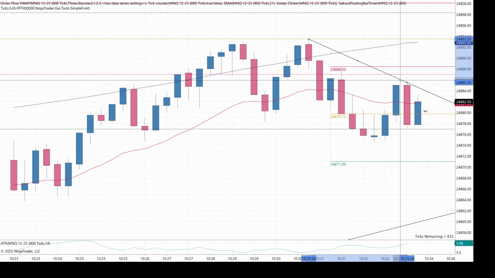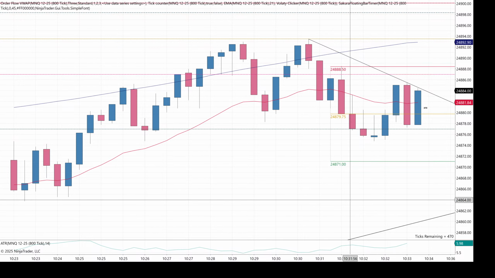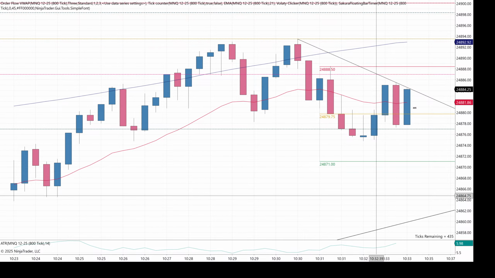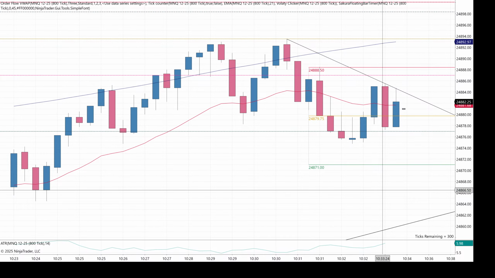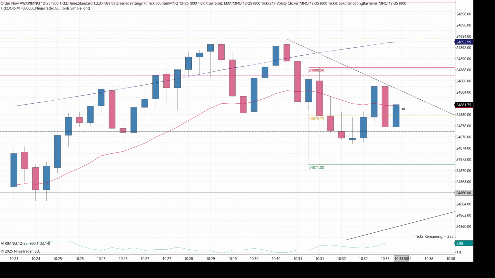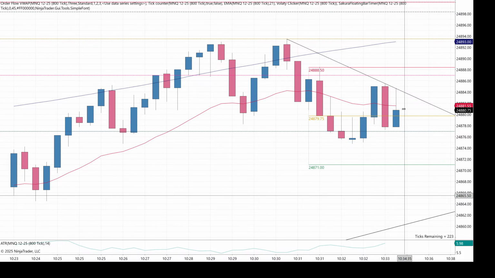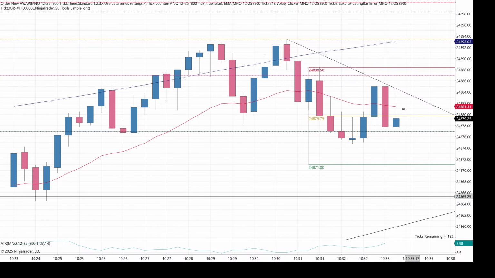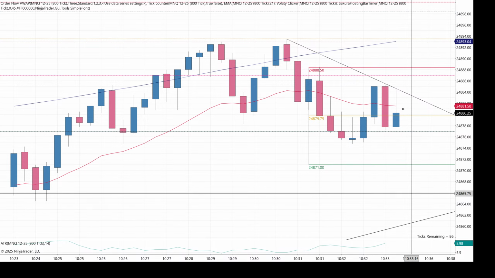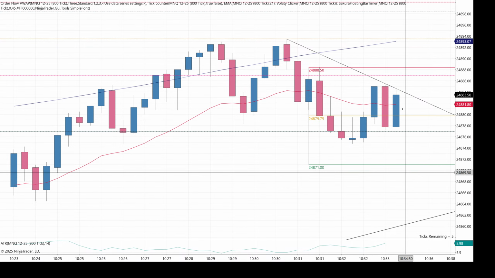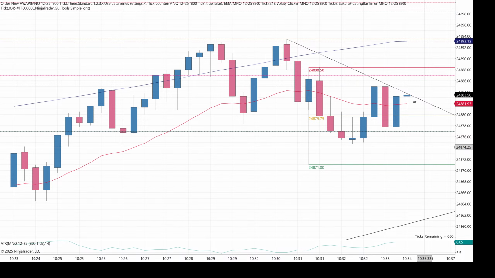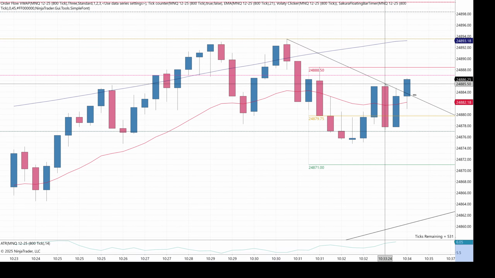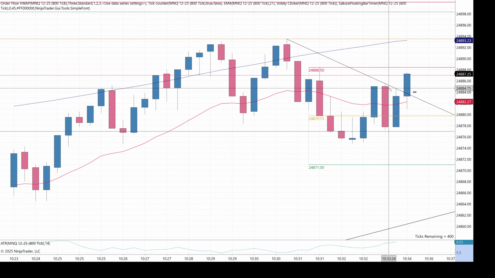Now we have a lower high. This is another bullish trigger here.